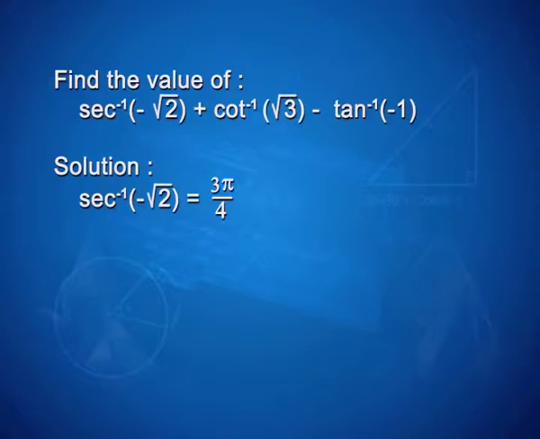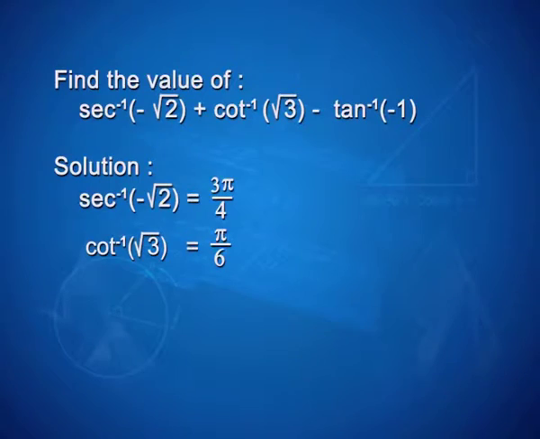I am looking at the first and the second quadrant except for pi by 2. Sec y will be negative in the second quadrant, and therefore y must be pi minus pi by 4, which is nothing but 3 pi by 4. Therefore, the principal value of sec inverse minus root 2 is 3 pi by 4.